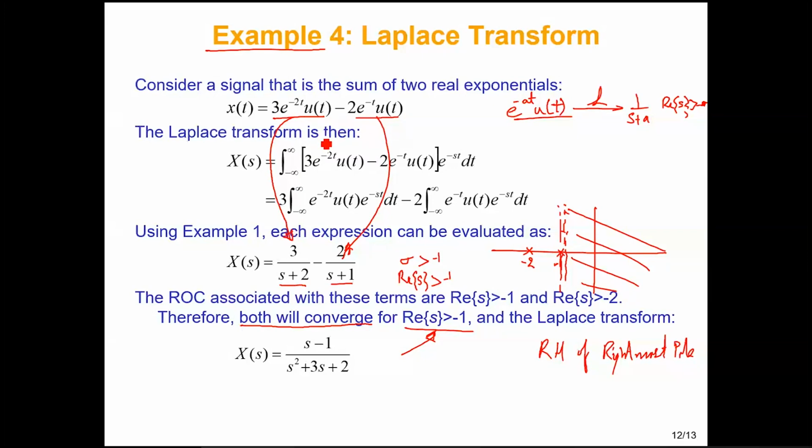Similarly, the opposite of it, if both the poles come from anti-causal signals, then it will be the left hand side of the leftmost pole. But you don't even have to remember this. The basic thing that you need to remember is that the cumulative and overall region of convergence is where all regions of convergence overlap.